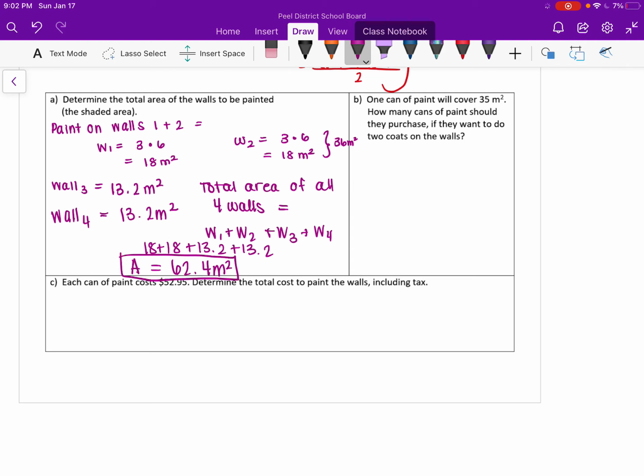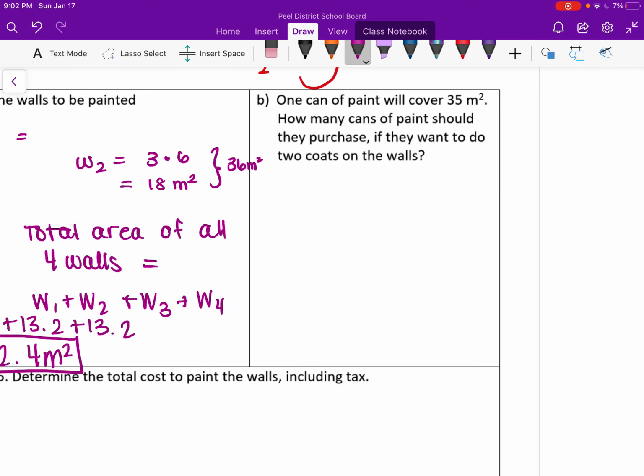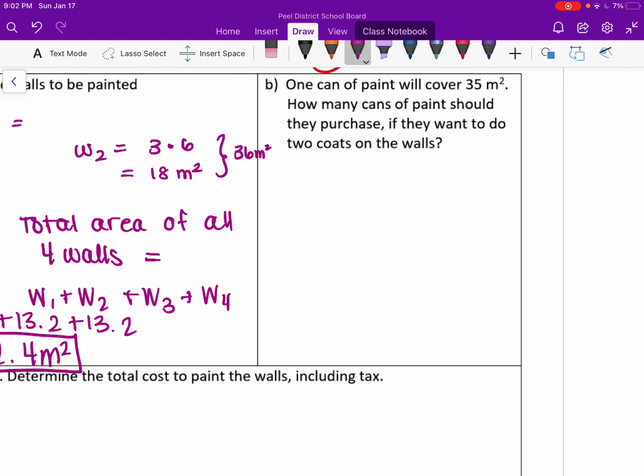Okay, so 1 can of paint can only cover 35 meters squared. How many cans of paint should they purchase? So to find out the number of paint cans needed, we know that 1 can only covers 35.